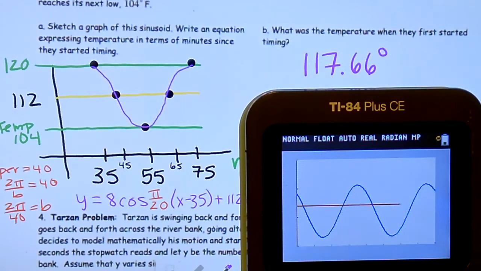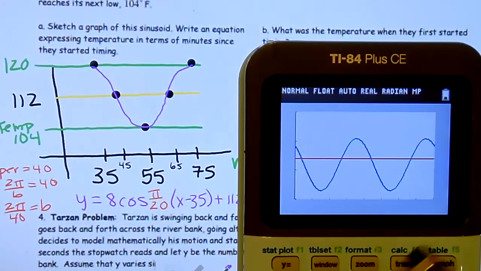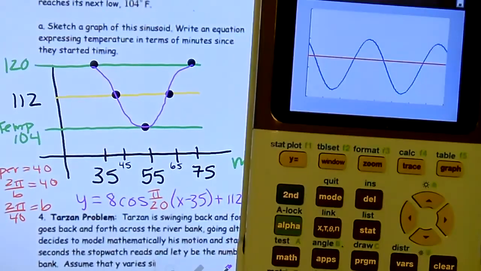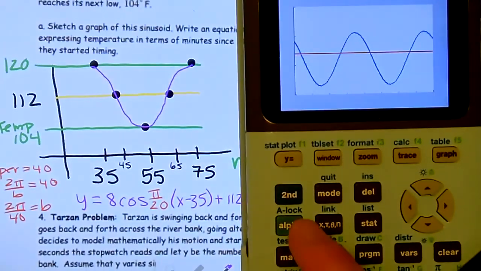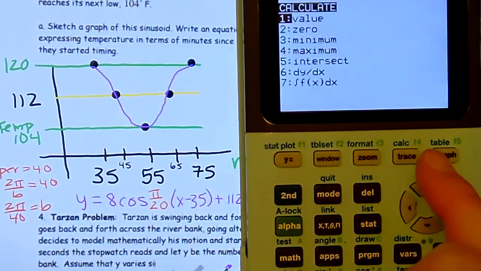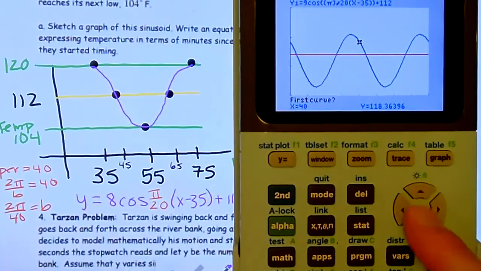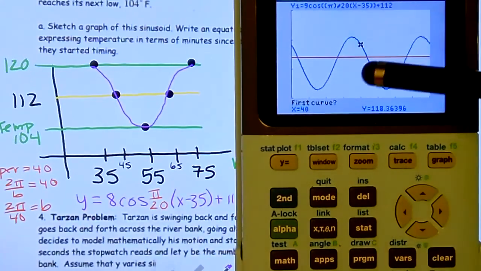Okay. So in this case, if I'm doing it on the graphing calculator, I'm going to go to that trace button again for calculate. So I'm going to go second and calculate. I want 5 intersect, okay? Now, if I'm doing this, arrowing up and down jumps you from one graph to the other.